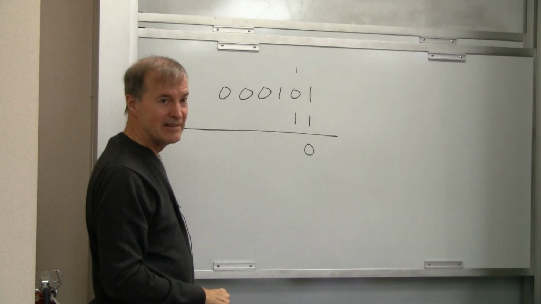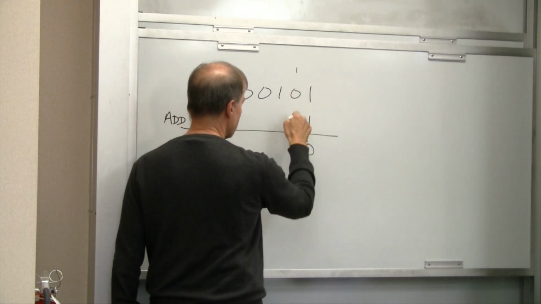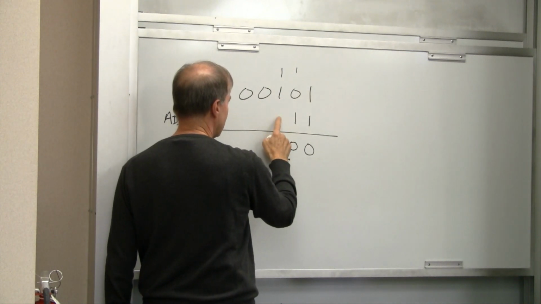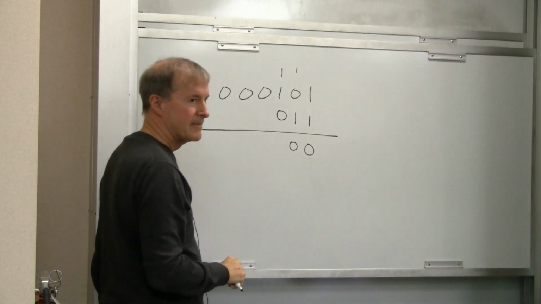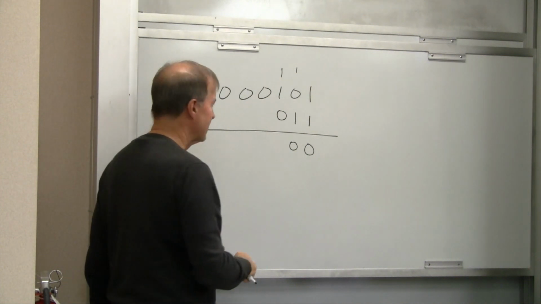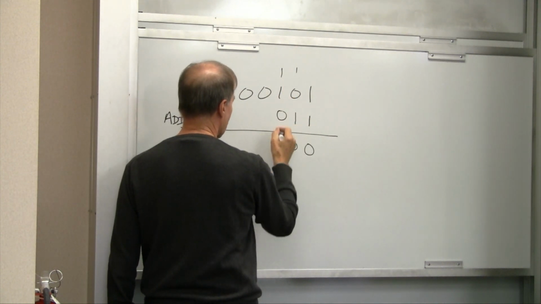Are we good? So does everybody see? This has to be 1. So if we add 1 plus 0 plus 1, that's 0. Carry the 1. Now what would have to be here? 0. Are you with me? Because 1 plus 1 plus 0 is 1, 0, carry the 1.